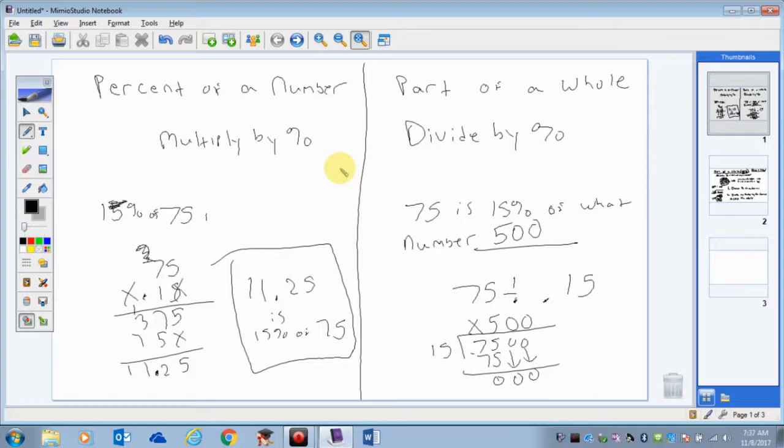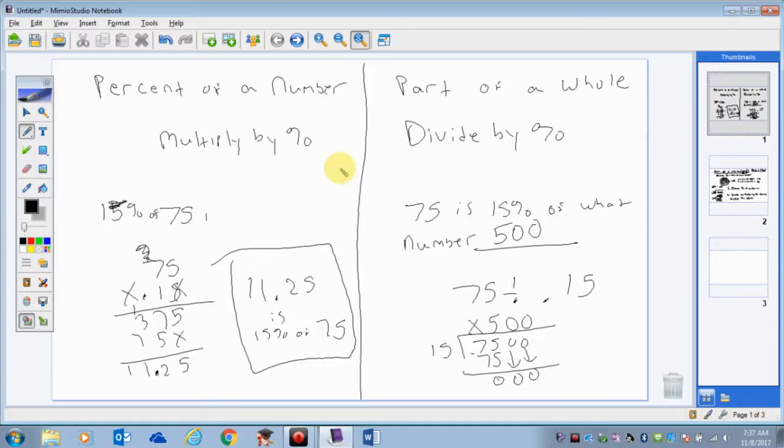If I'm trying to find percent of a number, so if I say there's 20 people in class, 30% of the class has on pants, then I'm going to take 20 and multiply it times 0.30. I'm changing 30% to 0.30, multiplying it by 20 because I'm trying to find the percent of a number.